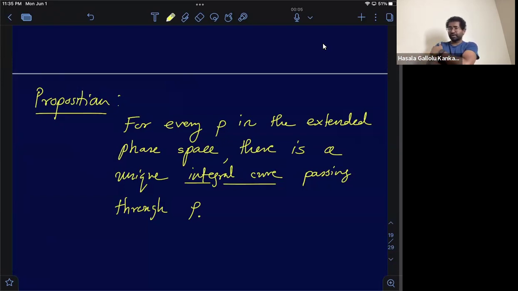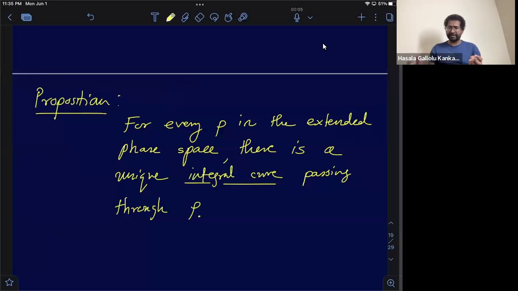So all those possibilities are present. But what we try to formulate right at the beginning is the smooth scenario.